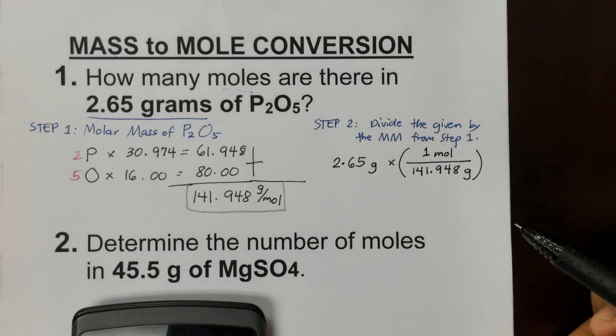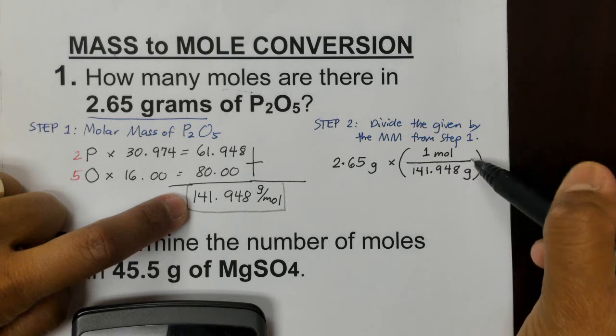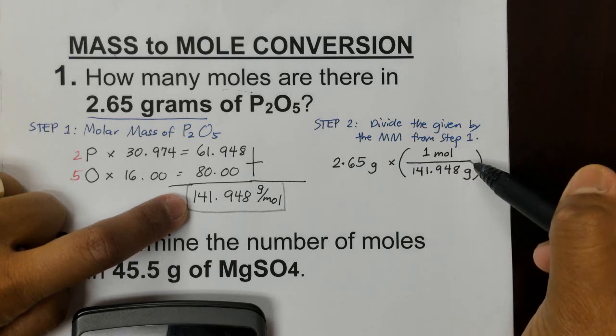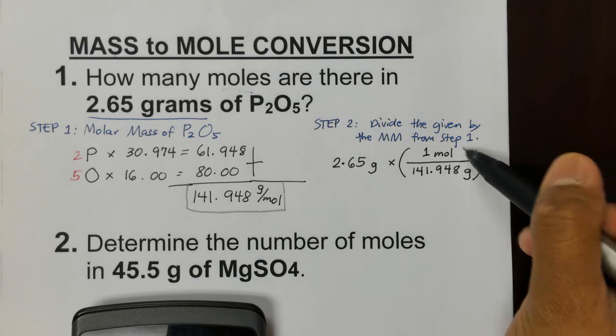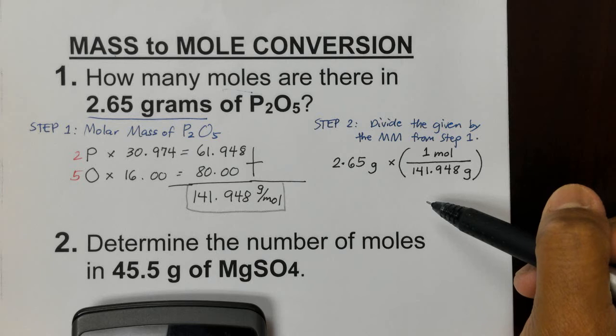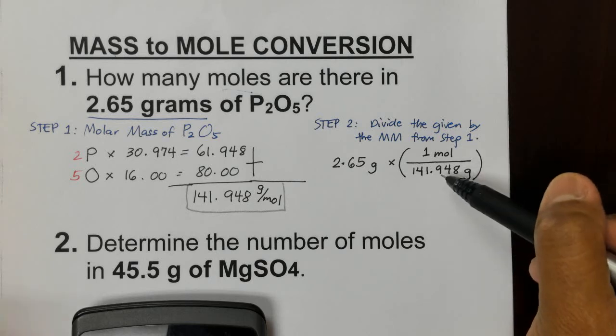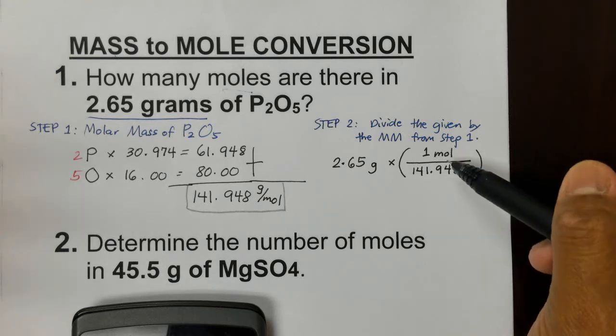So it is alright to reverse your molar mass value in this way if we are dealing with mass to mole conversion. It's alright because the molar mass becomes your conversion factor this time. So we are switching now, because in the previous conversion from mole to mass, the mole was below and then the grams was on top, because that was mole to mass.